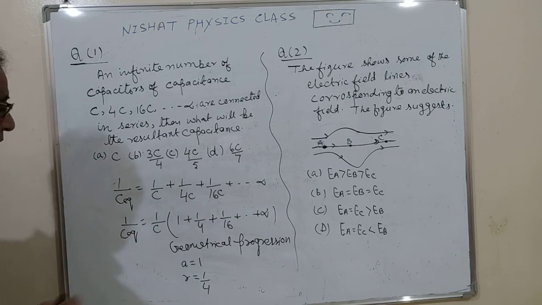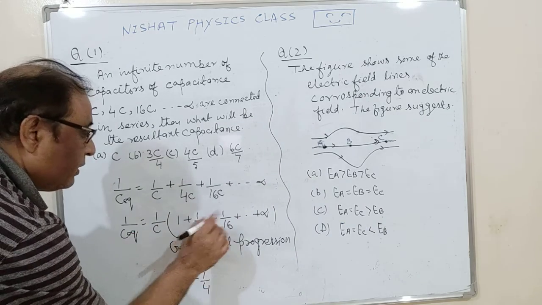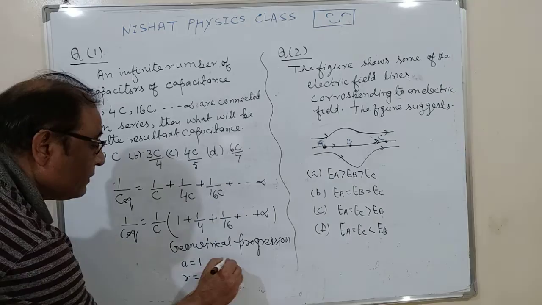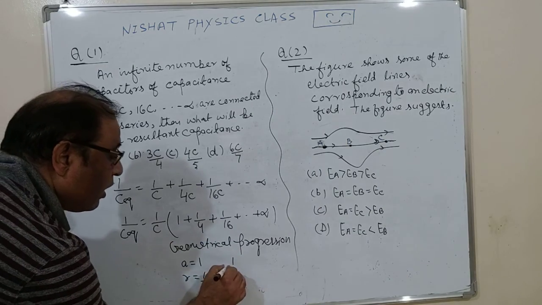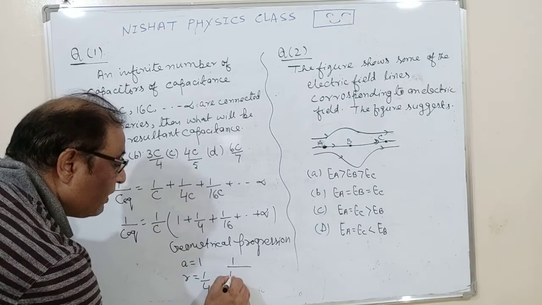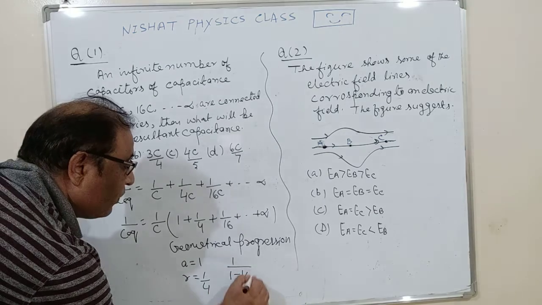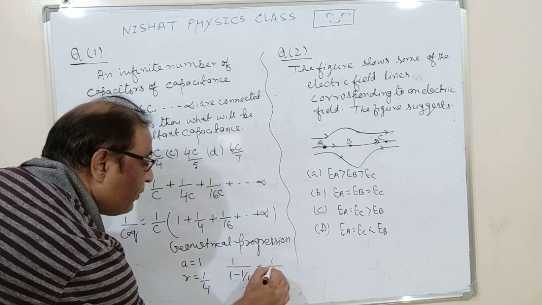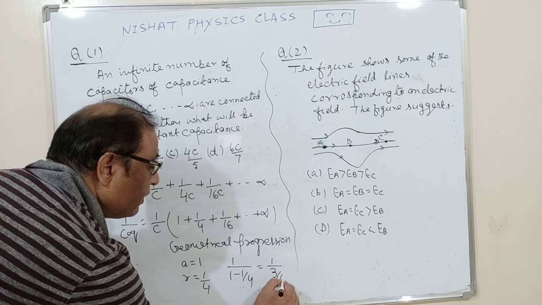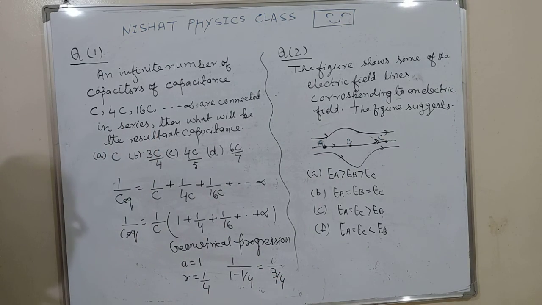Now solving this, what do we get? 1 upon 1 minus 1 by 4, so this is 1 upon 3 by 4.